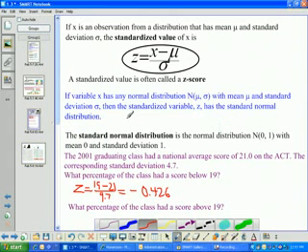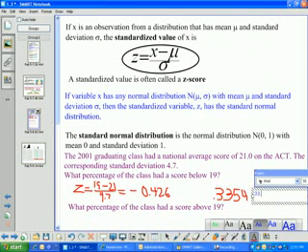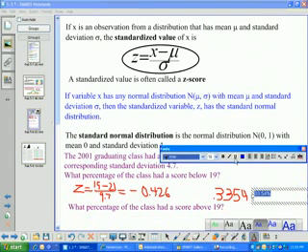So if I add those together and divide by 2, from my Z table I get 33.54%, which is our final answer.